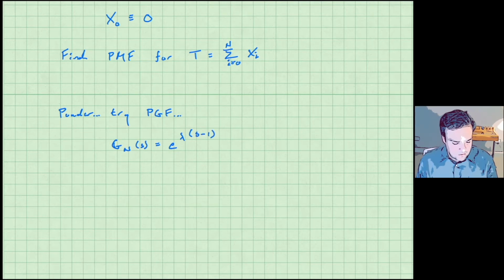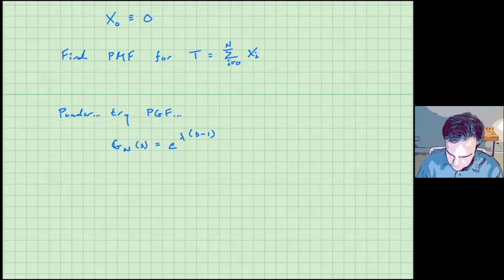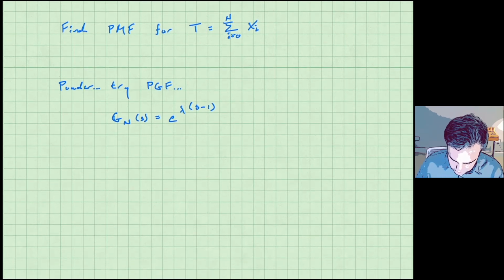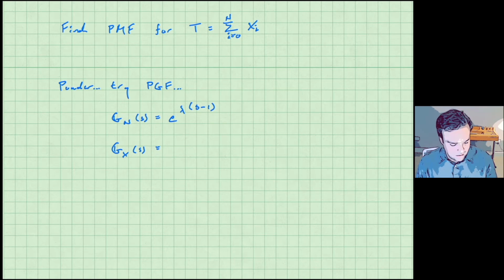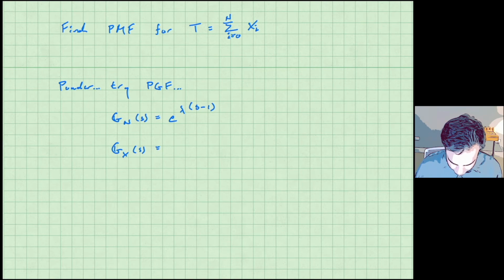And the other random variables, the x sub i's, when i is not 0, those all are Bernoulli distributed. And this PGF is called G sub X. And you could look this up, or you could just simply write it down. There's only 2 values that X can take on, 0 or 1. And so it's so straightforward, just write it down.